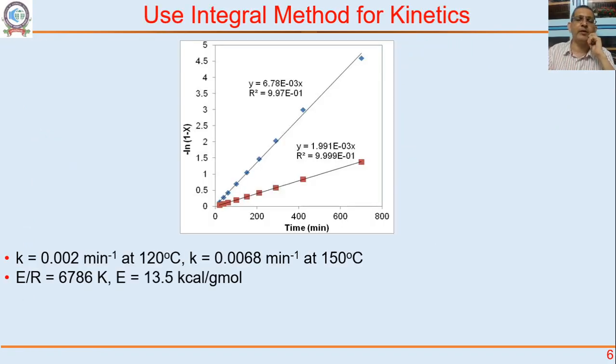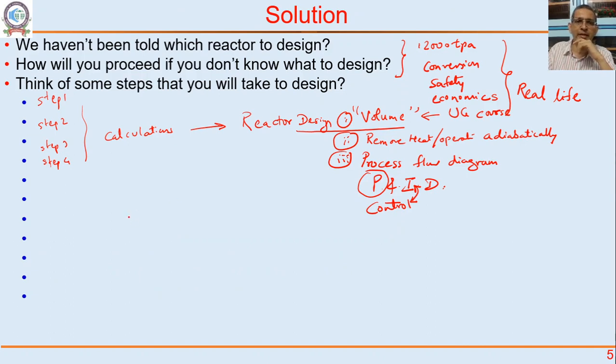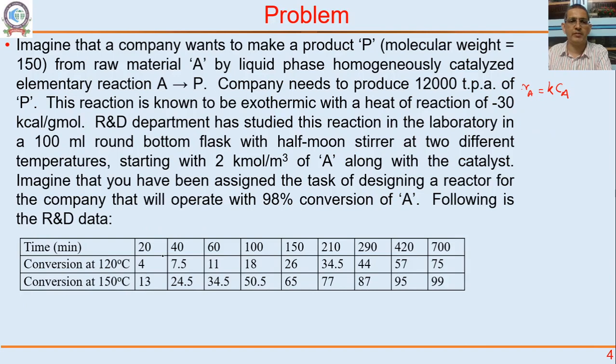Here is one possibility. First of all, to do any calculations, we will need kinetics. So, if I need kinetics, do I have data of concentration versus time? Yes. Batch reactor. This is an R&D batch reactor.